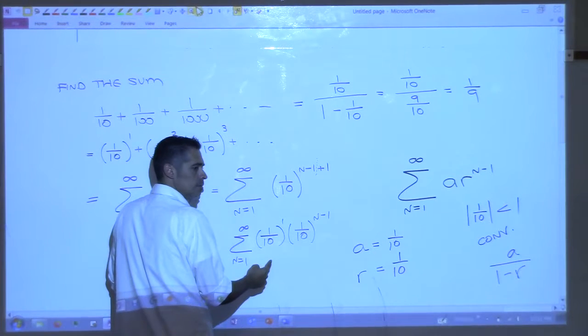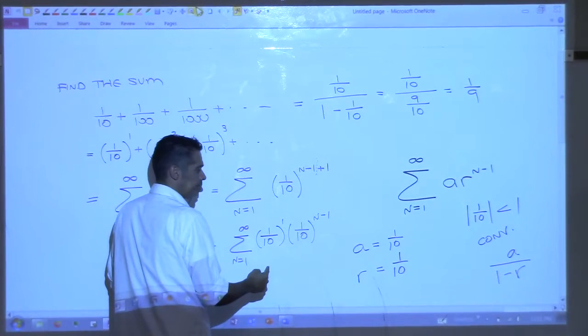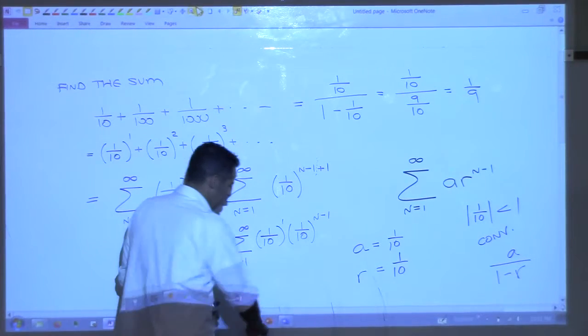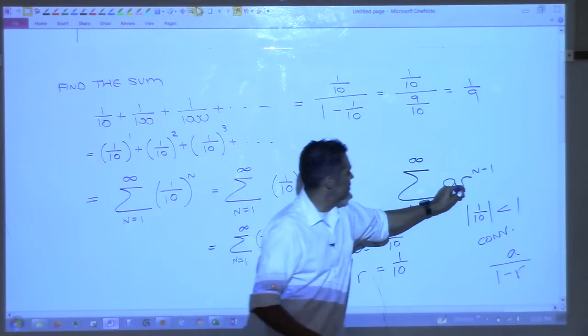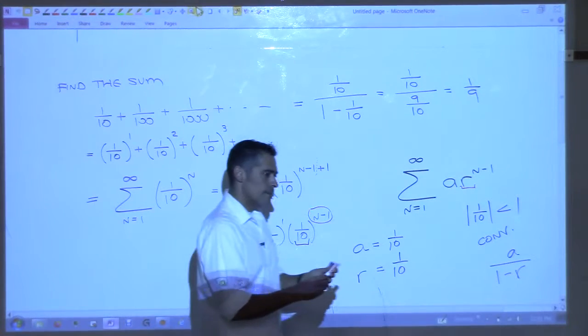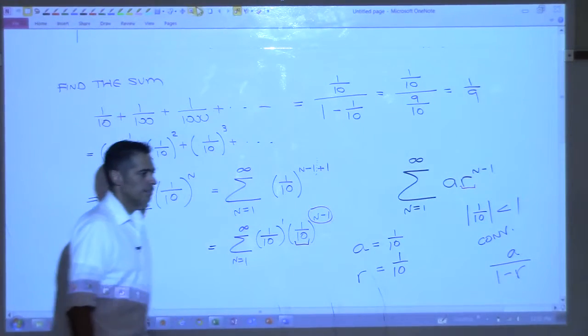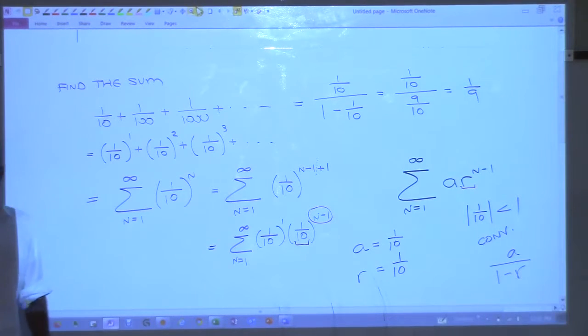Because it's 1/10 raised to the 0. So that would be 1/10 to the 1 times 1. Yes. You're saying R is 1/10. R is the number that's being raised to this exponent. Okay. So it's not what that equals. That's right. Okay, what do y'all think?